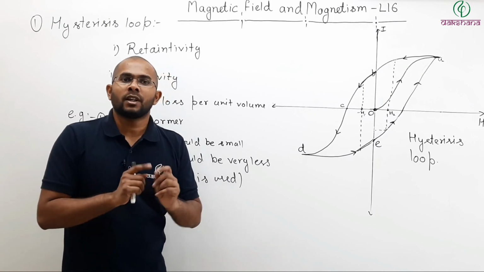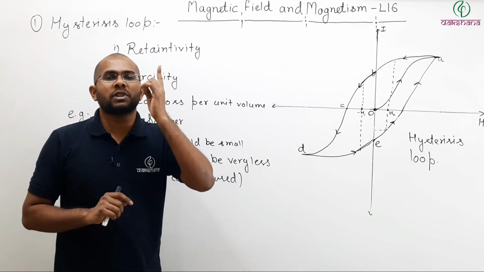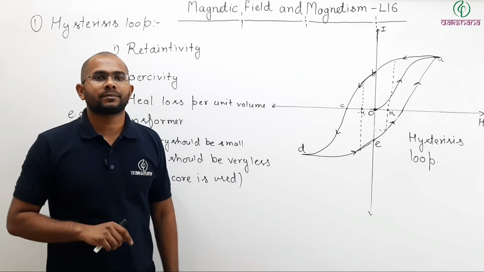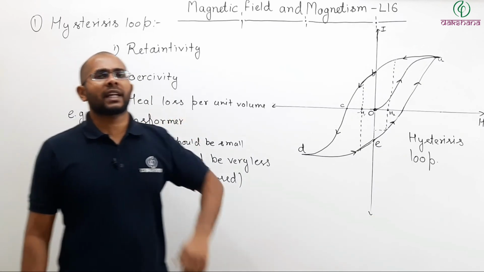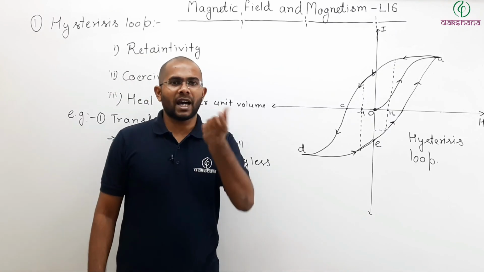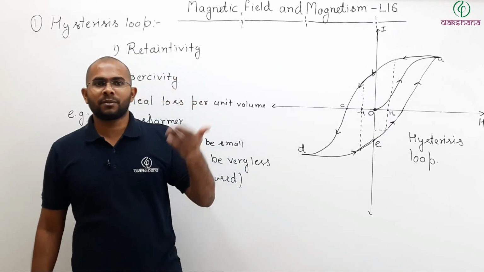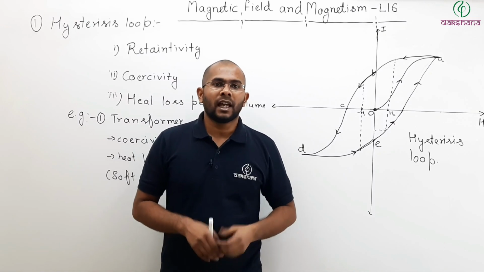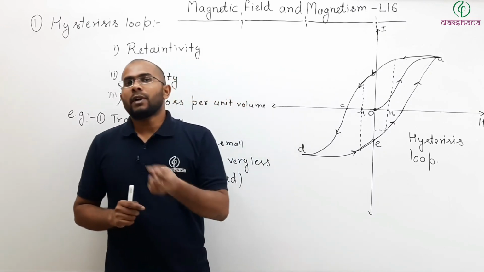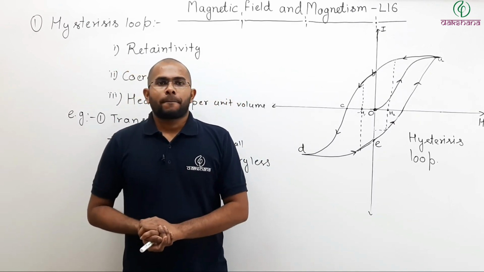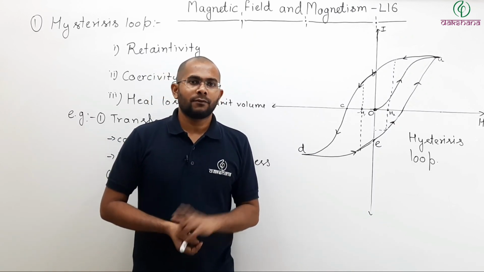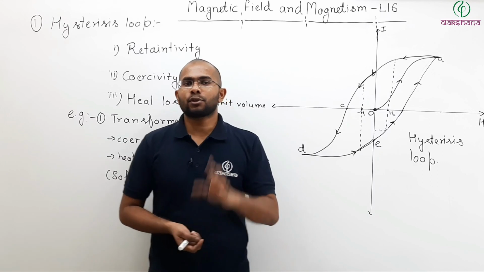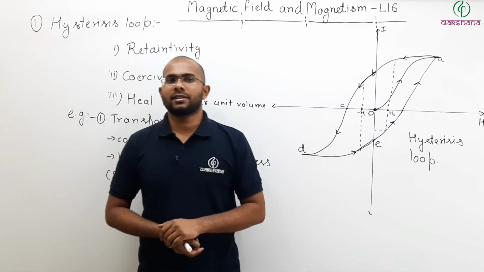Coercivity tells you how difficult it is to demagnetize. For example, if you want to make a permanent magnet, like your bar magnet, it is made up of aluminum, nickel, cobalt and some others, which you call Alnico. Which material should I use for a permanent magnet? For a permanent magnet, it should be very difficult to demagnetize.